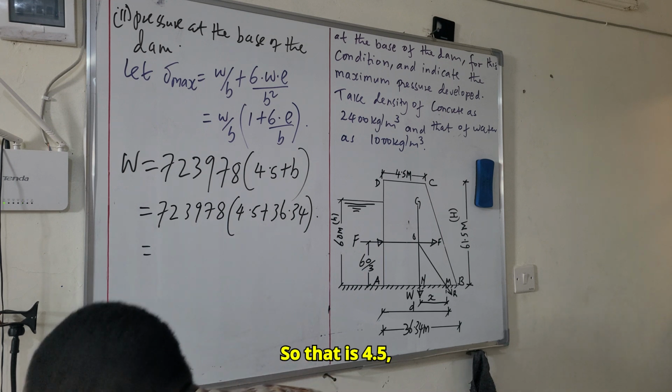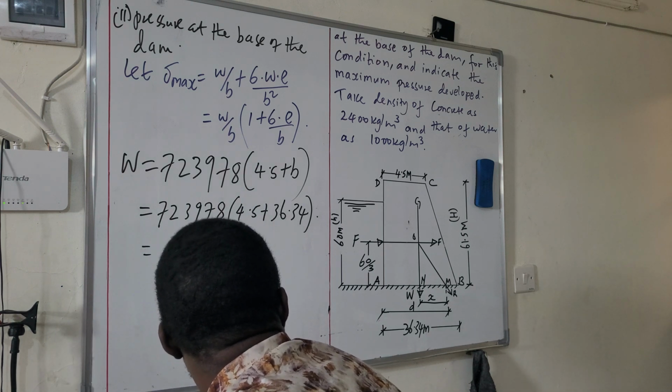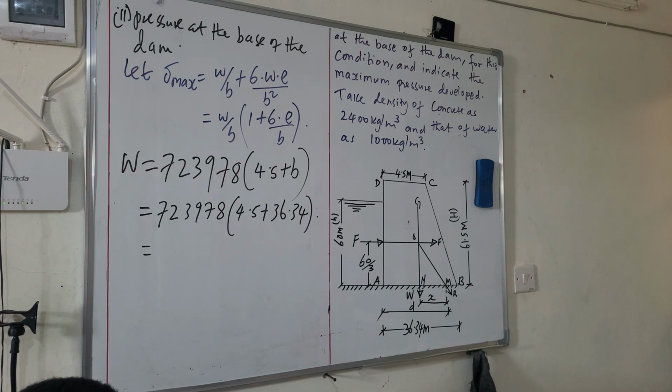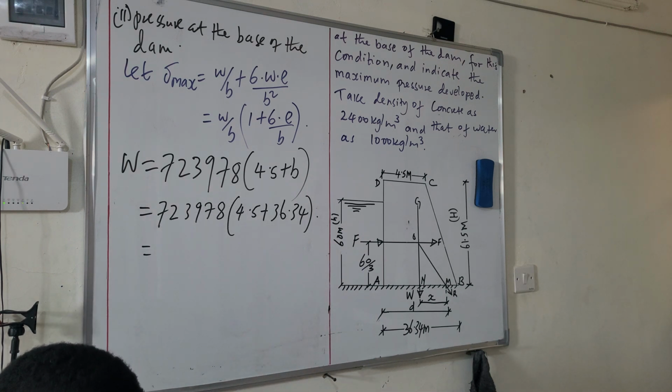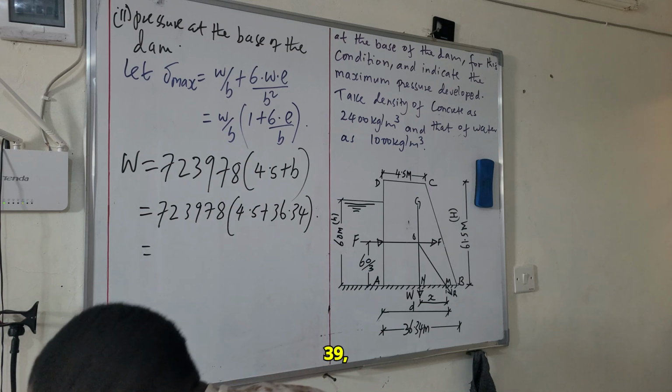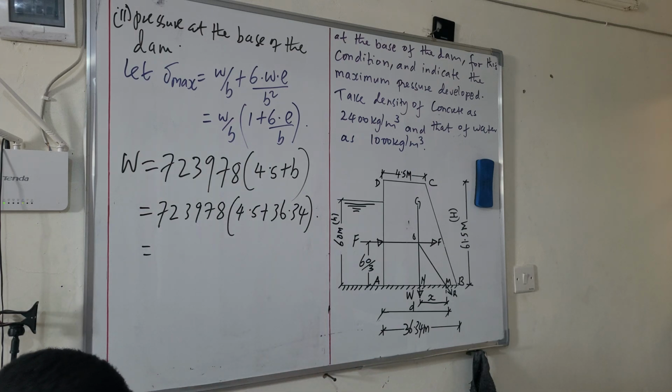So that is 4.5 plus 36.34, then times 72 39 78.